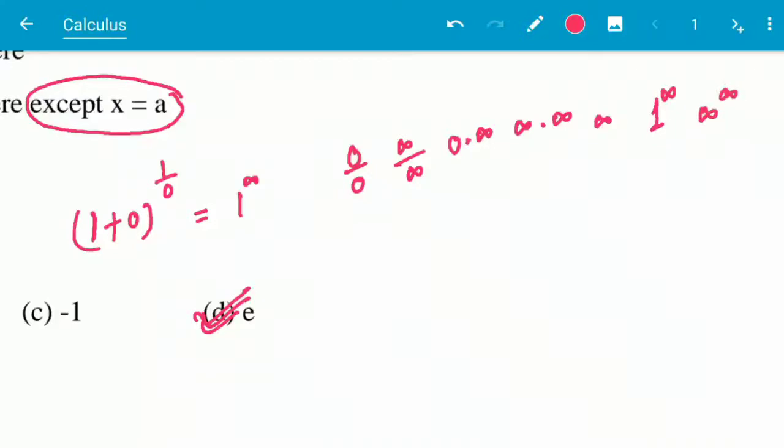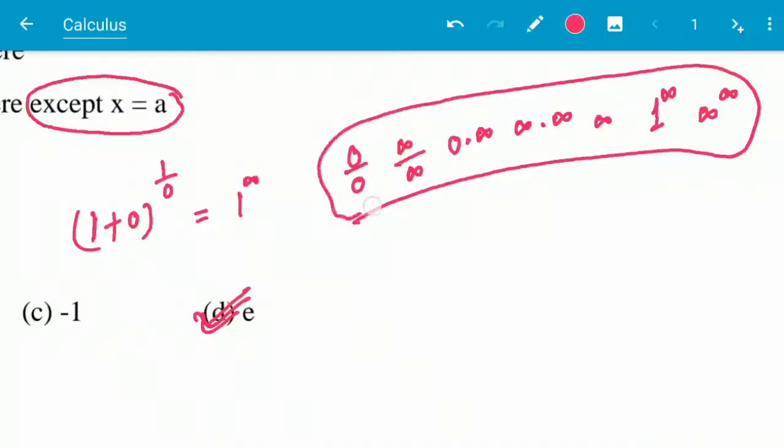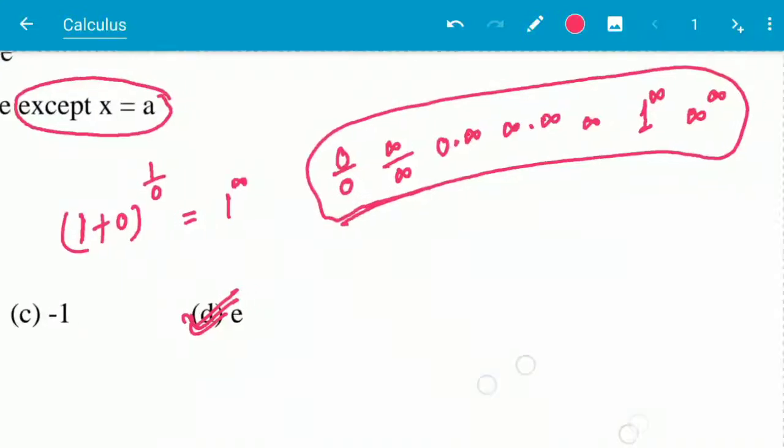These are general indeterminate forms. So in indeterminate forms we have to apply L'Hospital's theory.